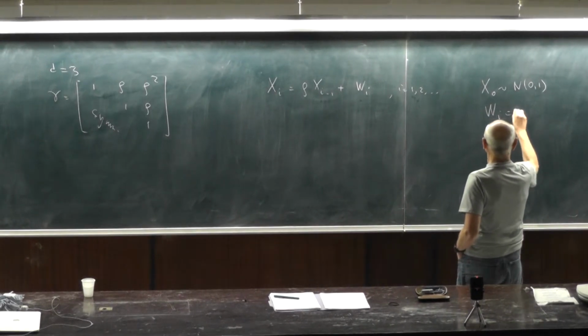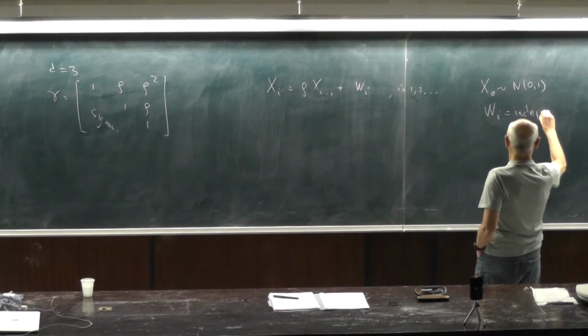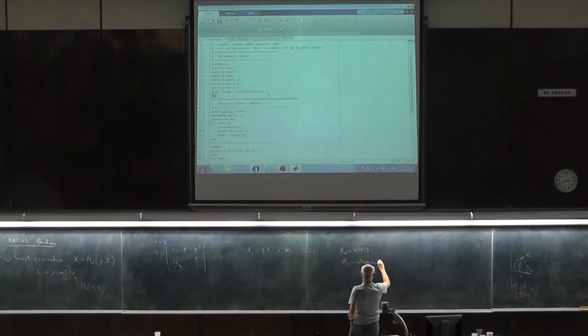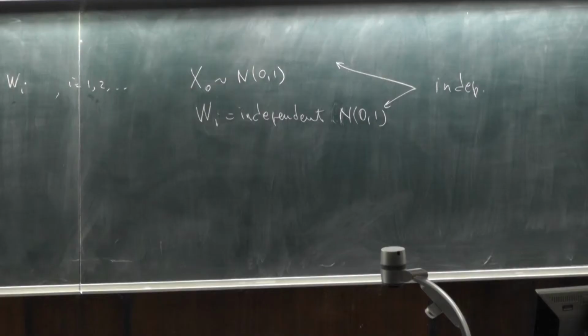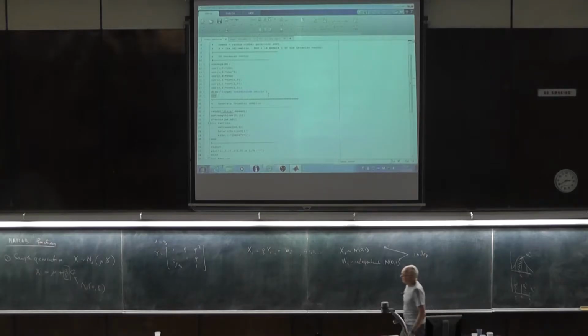And W are independent. Again, Gaussian, 0, 1. And has nothing to do with x0. Right? So they are independent. So the jargon of this time series, if you've seen it before, this is the autoregressive series of order 1. W is called the driving noise and so on.